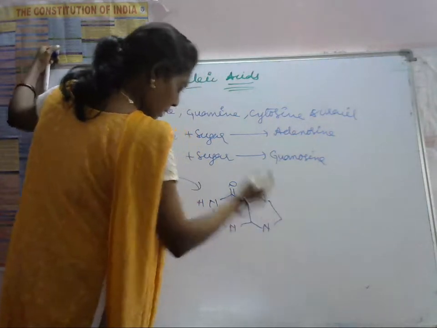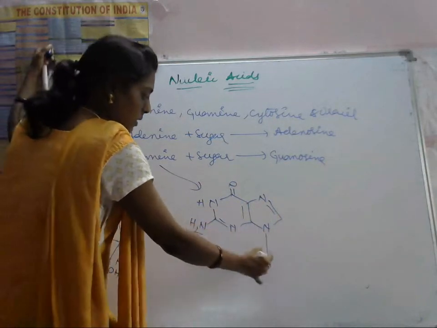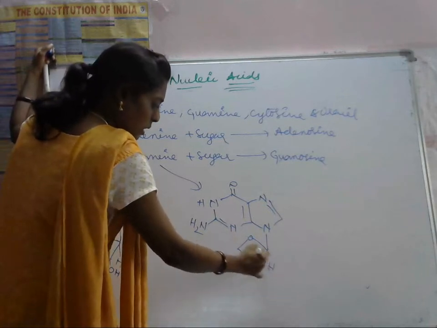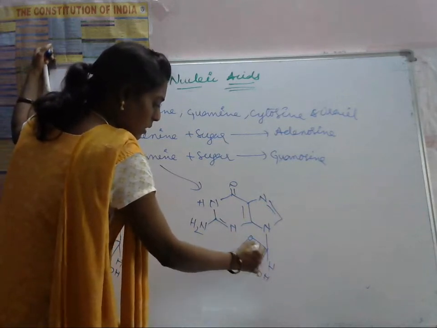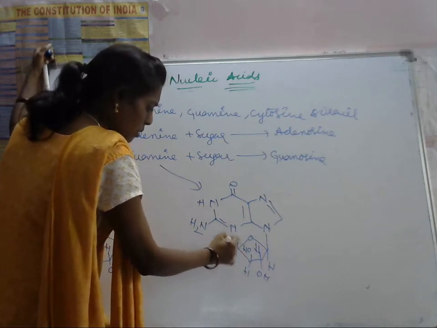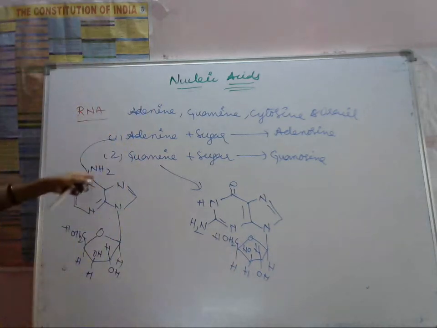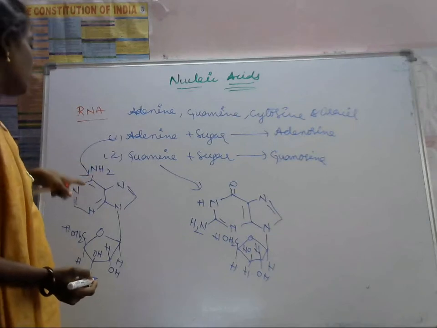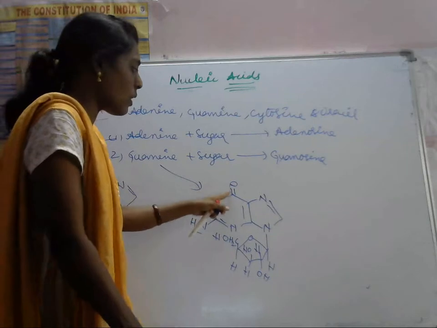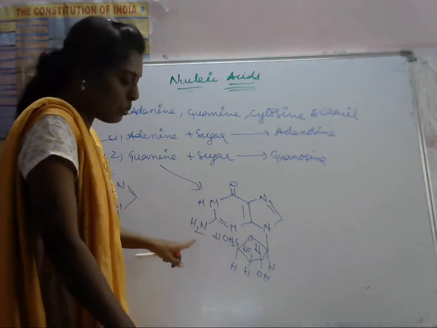This is a 5-member ring. Okay, so here a double bond will be there. Here the bond is formed between this one and this sugar. Okay, so here OH is there, and it has CH2, OH, H. So if you see here, if an amine group is present at the 4th position, it is NH2. Okay, next, if a carbonyl group is there, at the 2nd position NH2 group is present.